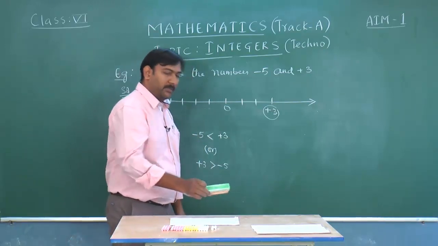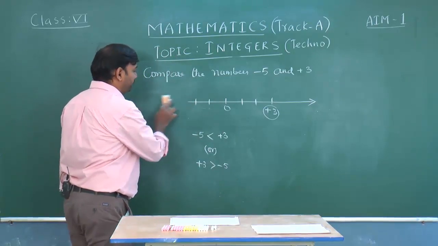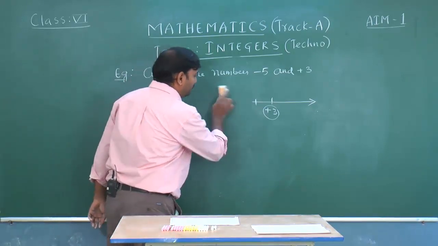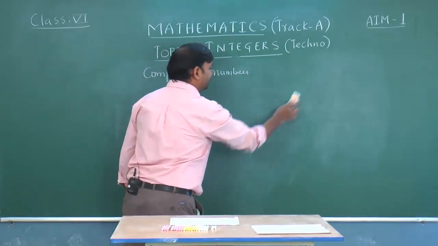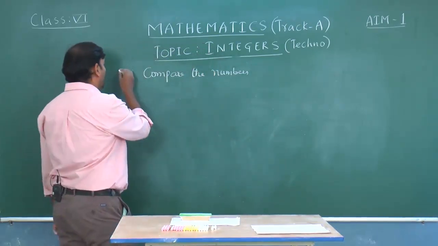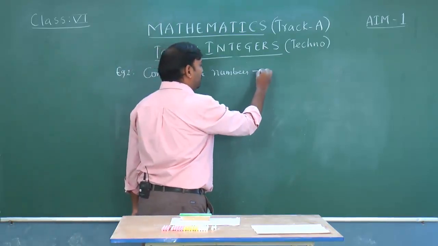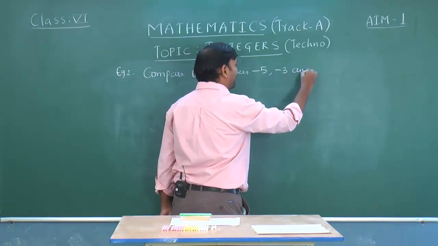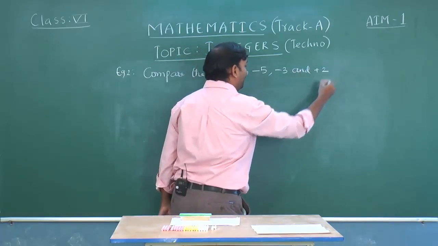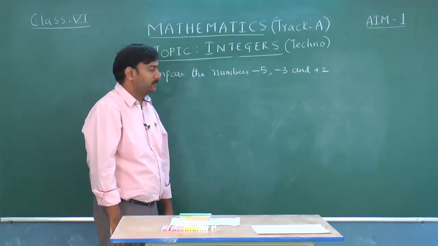Let us take another example in which we compare three numbers. Let's go with example number 2. Compare the numbers -5, -3 and +2. Here I am going to compare three integers.